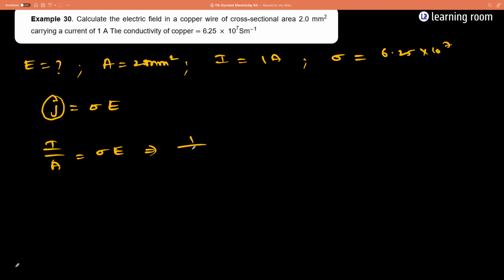So I is how much? 1 divided by A, which is 2 into 10 power minus 6, is equal to sigma, 6.25 into 10 power 7, into E. So what will be the value of E? 1 divided by 6.25 into 2 is going to be 12.5 into 10 power 1.